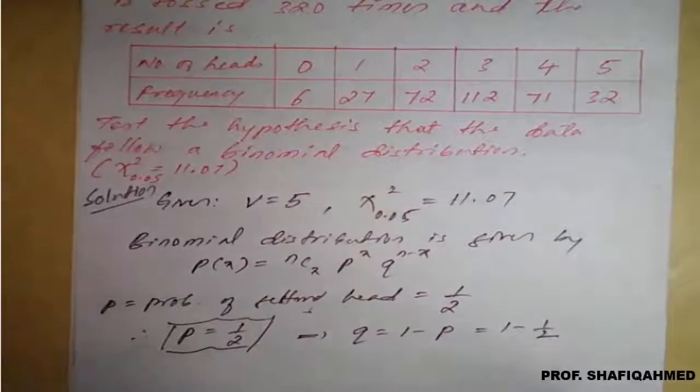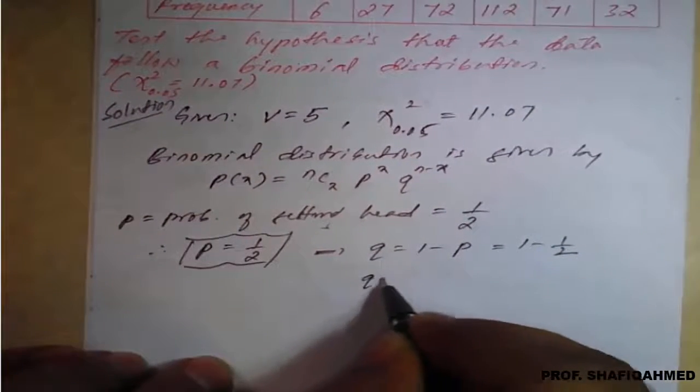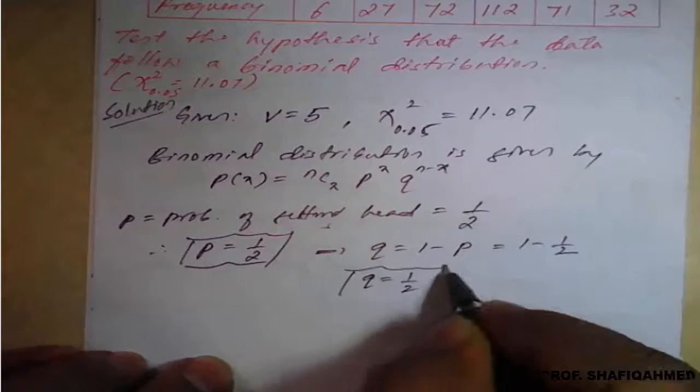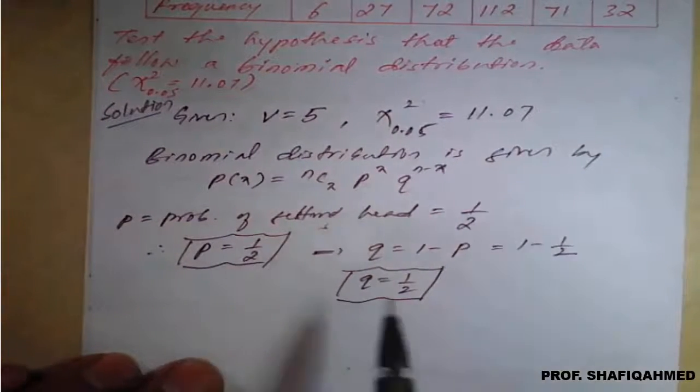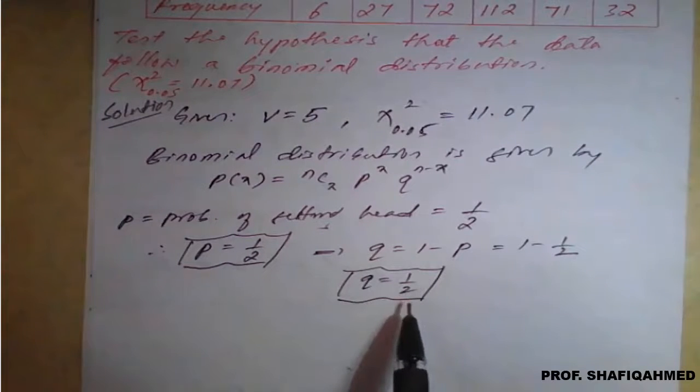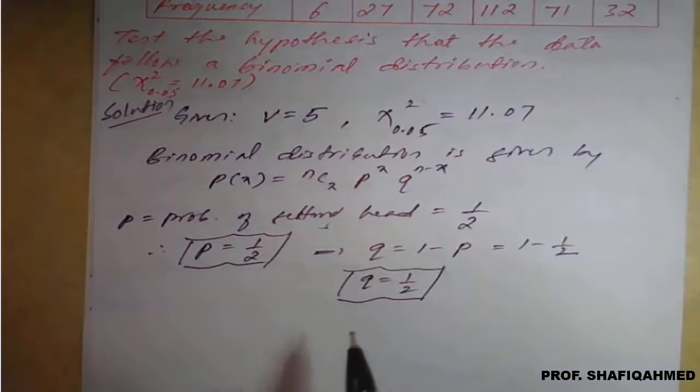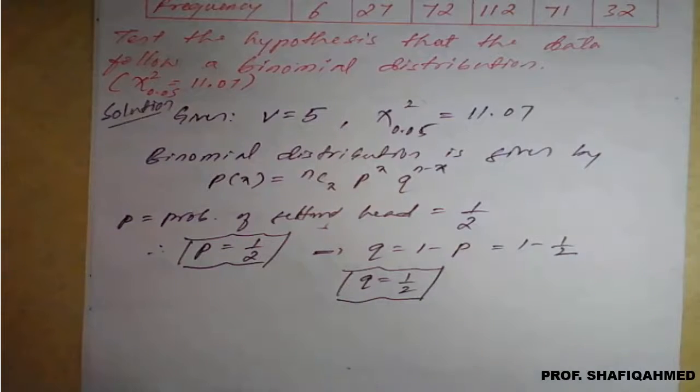So therefore q value is also how much here? 1 by 2. Or you can consider 1 by 2 as 0.5 and q is also 0.5 in the calculation. But here we know that these 5 similar coins are tossed 320 times.